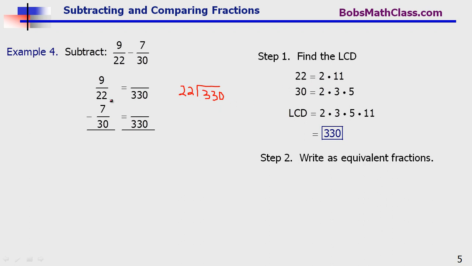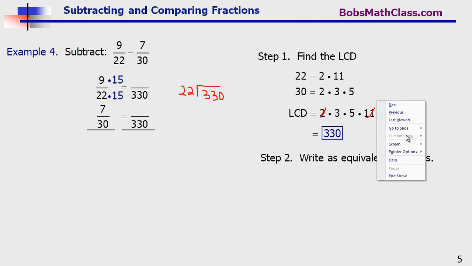So find the 22 over here, 2 and 11, so go over here, cross out the 2 and 11, and what's left? 3 and 5. Multiply that out, and that's your answer, 15. So if you divide 22 into 330, you'll get 15. Okay, erase my marks now. Probably a faster way of doing that, but I don't know.